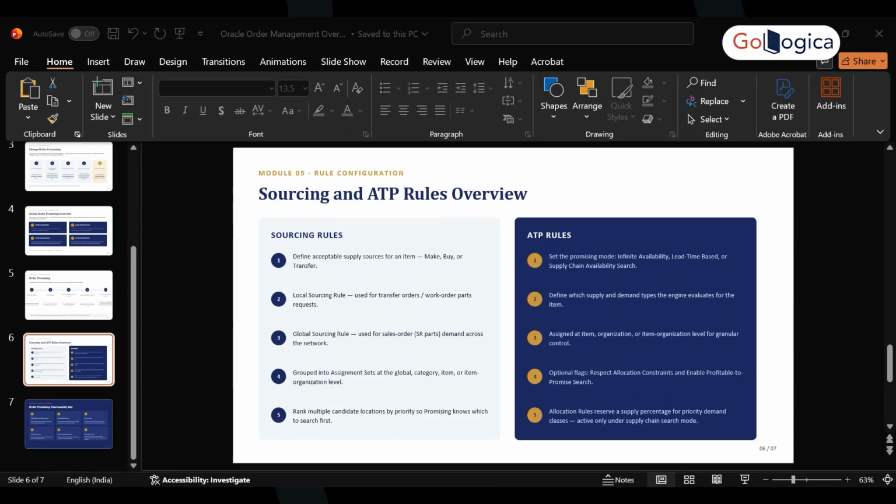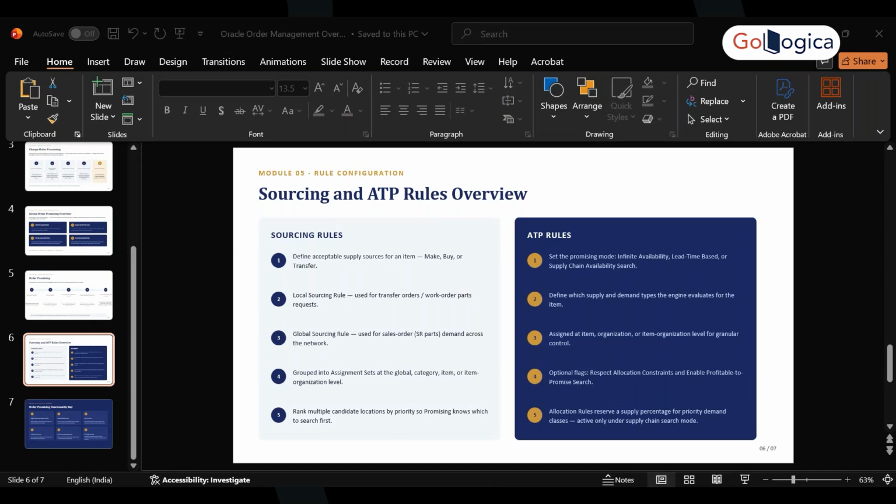For example, if warehouse A cannot fulfill the order, Oracle automatically checks warehouse B, then warehouse C, and so on, according to the configured priority. Global sourcing provides the maximum flexibility for organizations operating multiple distribution centers.